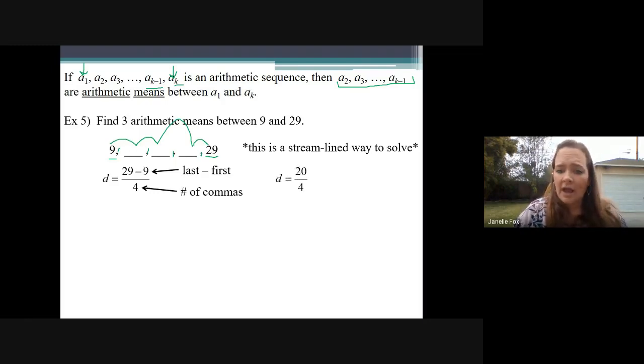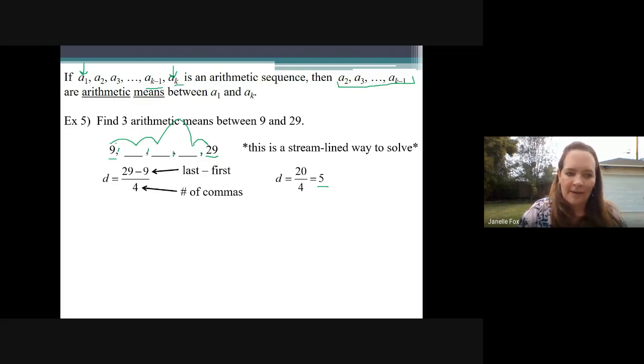Now for this particular problem, we get that the common difference is 20 divided by 4, because 29 minus 9 is 20, so the common difference is 5. Here's the thing: you have to go back and put those answers into the list. We know the common difference is 5, but we haven't actually found the numbers inside of it.